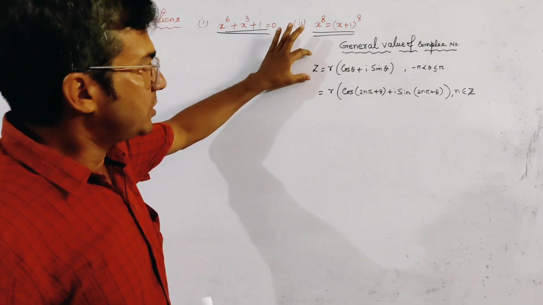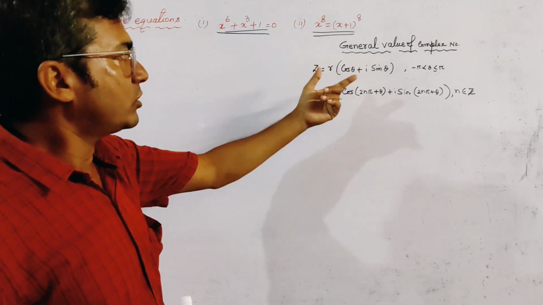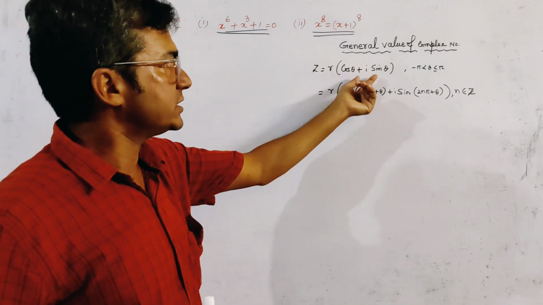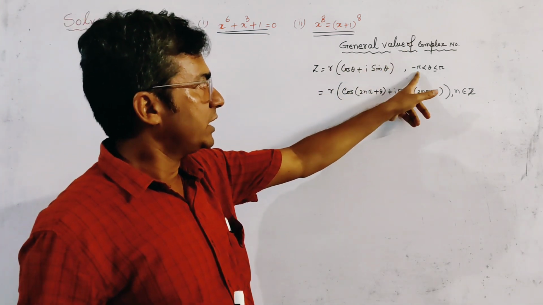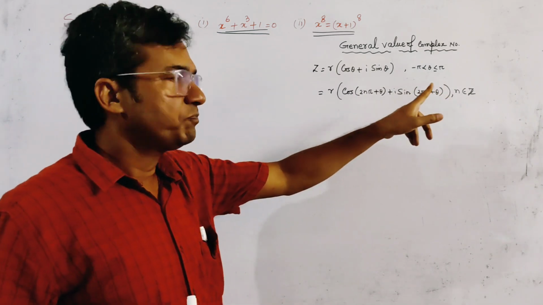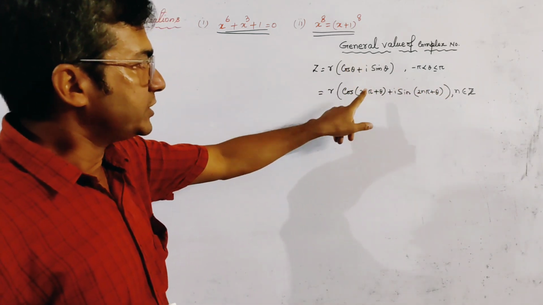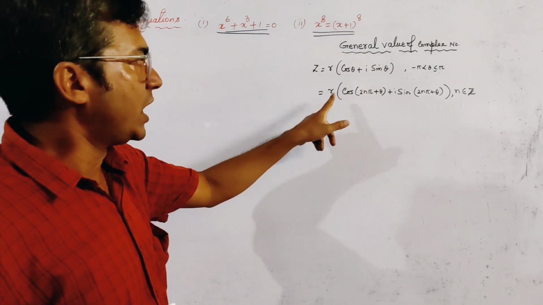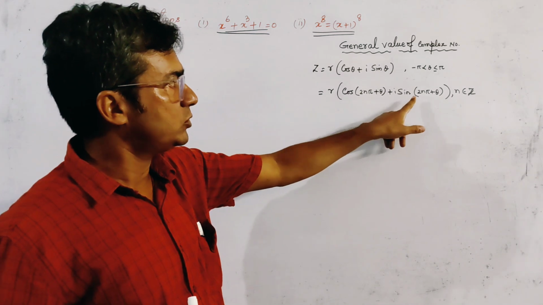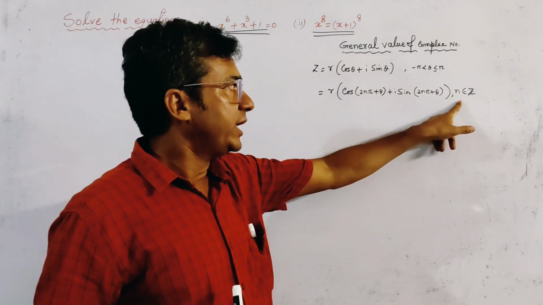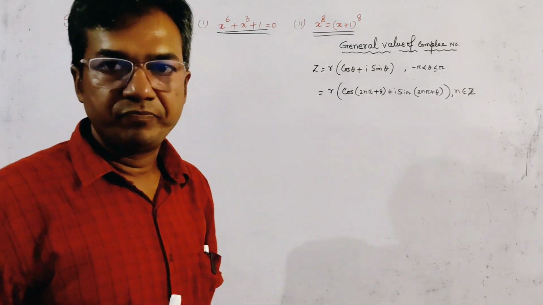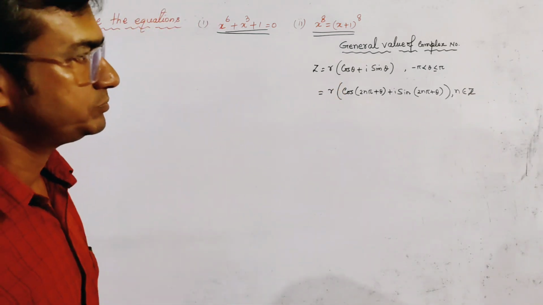Here we generalize the polar form: if the complex number is z equal to r into (cos theta plus i sin theta), where theta is in the principal value, that is minus pi less than theta less than or equal to pi, then it can be written in general form as r into (cos of (2n pi plus theta) plus i into sin of (2n pi plus theta)), where n may be any integer, that is n belongs to Z. We use this result here.